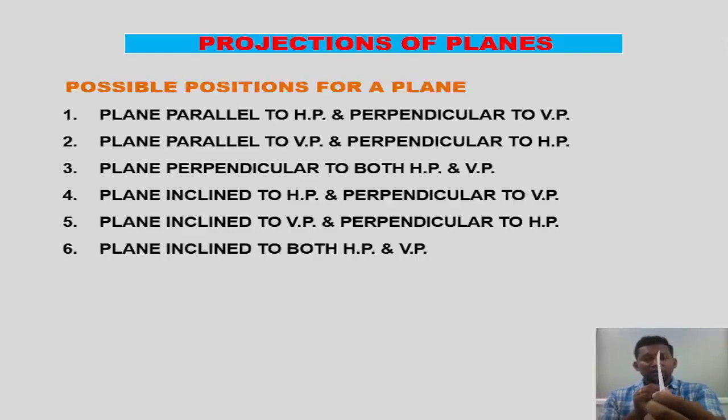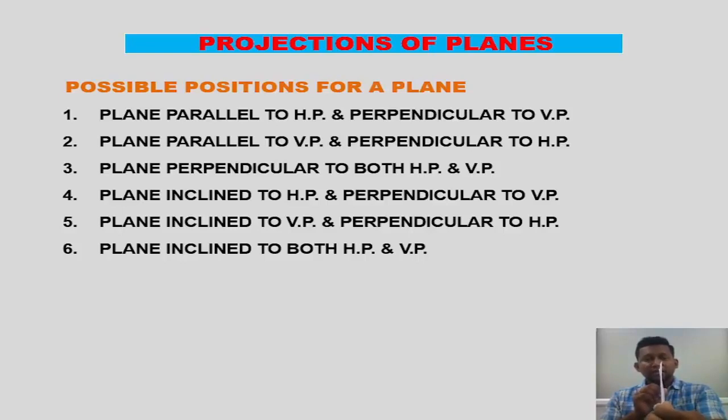So this position is parallel to PP. It is not parallel to HP, it is not parallel to VP, rather it is parallel to the profile plane. With respect to the horizontal plane and vertical plane, it is perpendicular to both.